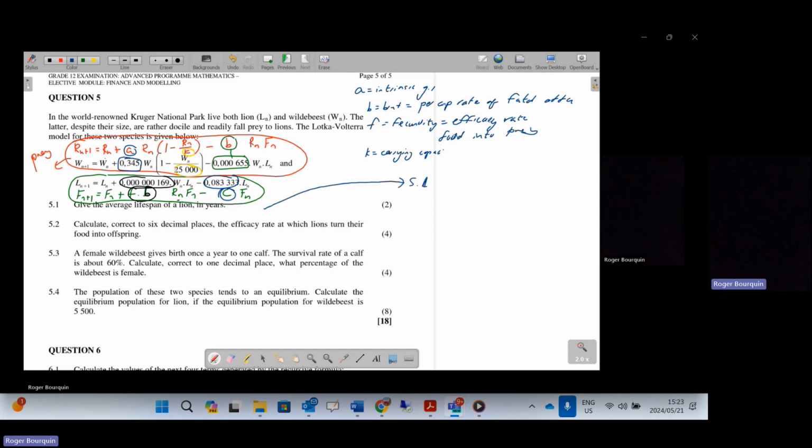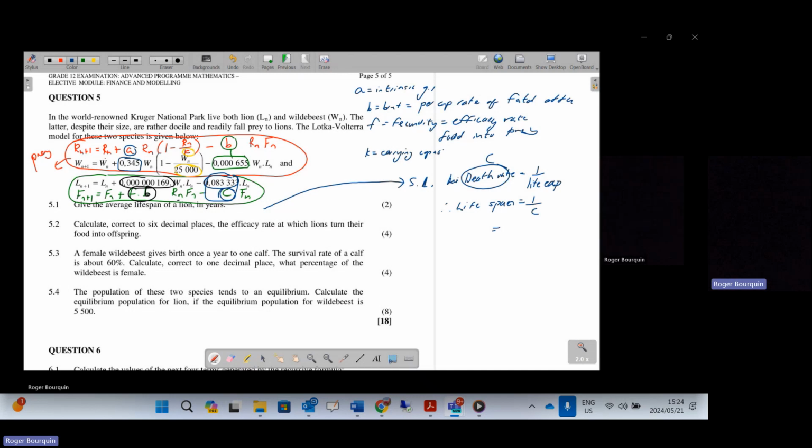So 5.1 finds the average lifespan of the lions in years. So we go to the lion population, and they give us C, which is the death rate, and death rate is equal to 1 over the lifespan, or 1 over the life expectancy. The lifespan is equal to 1 over C, 1 over your death rate. So in this case, you can see C is 0.08333.